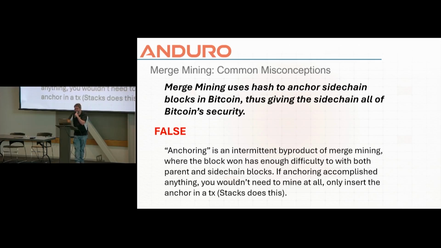I believe this misconception was responsible for the entirety of Stacks, because Stacks' model is proof of transaction. They've taken this concept of anchoring to the extreme, because if all you're relying on is an anchor, immutable data stored in the Bitcoin block to say, I'm now tethered and anchored to that and it cannot be changed, then it's much cheaper to just do it in a transaction.